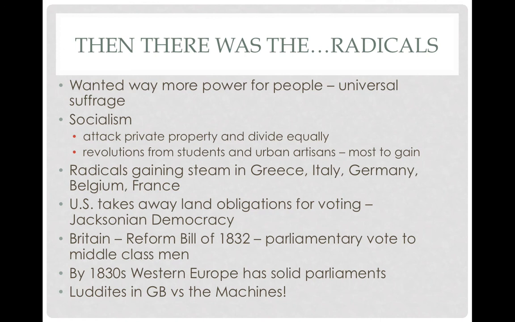You see radicals gaining steam in all the major powers, especially the emerging powers, with Greece breaking away from the Ottomans and Italy and Germany forming. The United States takes away land obligations for voting in what we consider Jacksonian democracy. In Britain, the Reform Bill of 1832 grants the parliamentary vote to middle-class men.